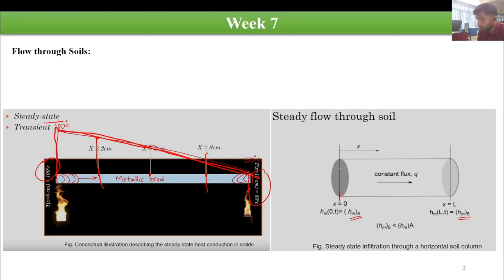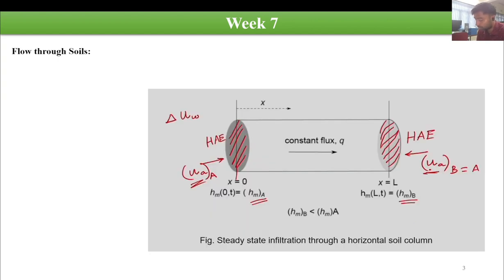A similar concept is applicable in the case of soil when high air entry discs are provided at both ends of this imaginary soil sample, and a particular head is maintained at end A as well as B. Let's say the head at B is lesser than the head at A. Then the flow will take place from A to B, from higher head to lower head.